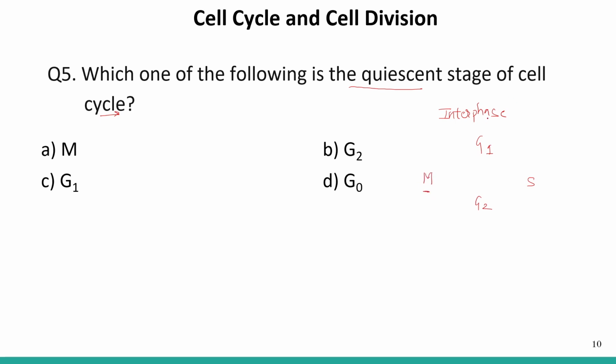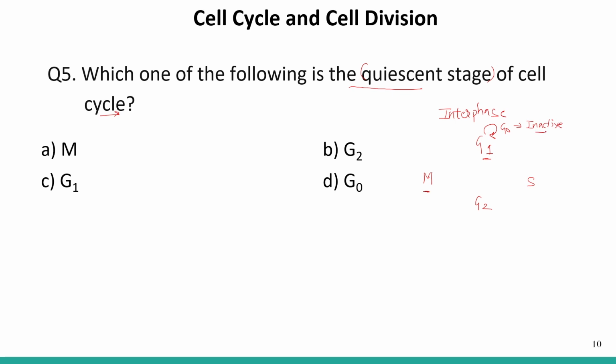Some of the cells such as heart cells, nerve cells, skeletal muscle cells or some lymphocytes exit the G1 phase and enter a G0 phase, which is known as the quiescent stage, or you can say it is an inactive stage.